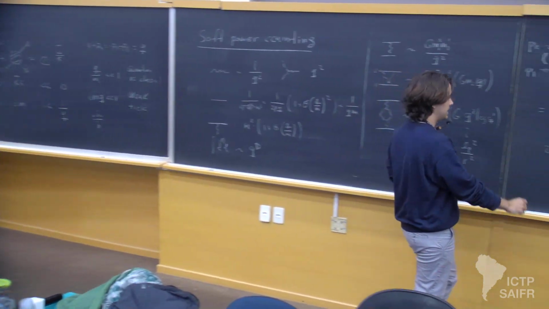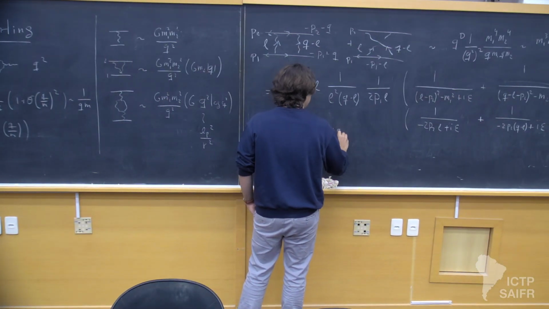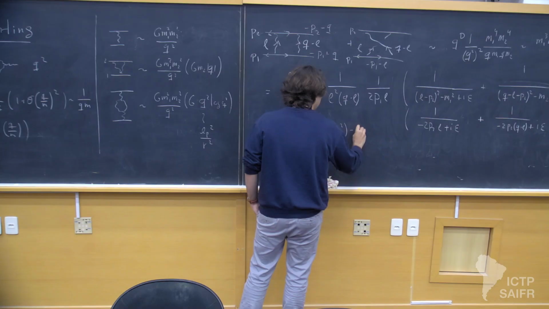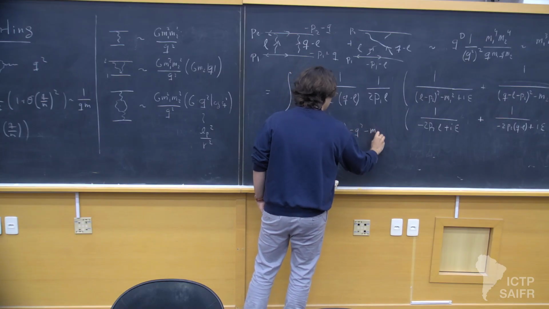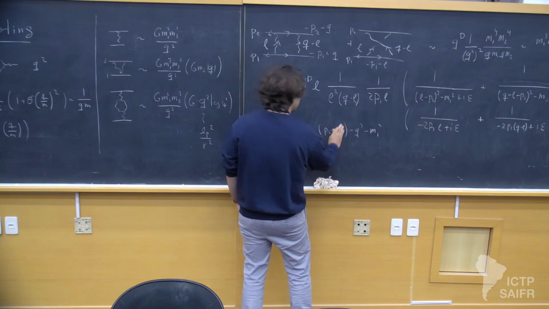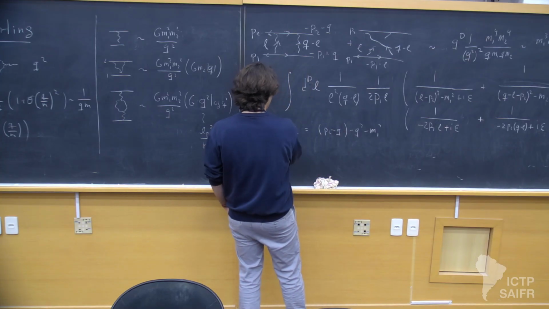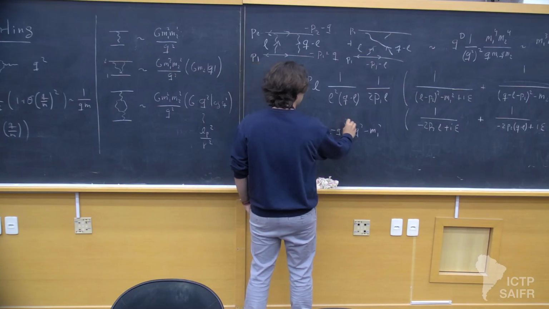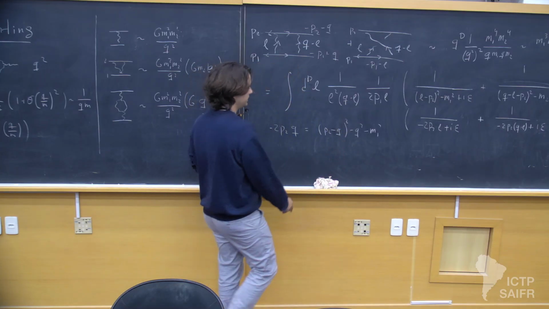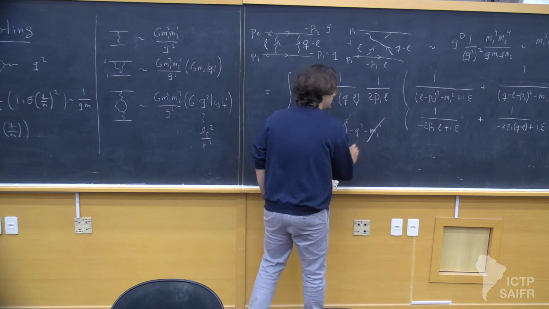And so I can write this as P2 plus Q squared minus Q squared minus M2 squared. But then using the on-shell condition of P3, sorry, not P2 minus Q. The on-shell, this is just P3, so the on-shell condition of P3 tells me that these two terms cancel.